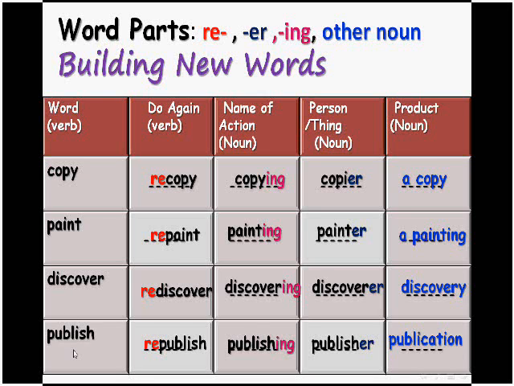So now I'm building new words. And this is another way for you to memorize your very long list of verbs or words: you just get the root of the word and try to build new words using the prefixes and the suffixes, giving the nouns, giving the verbs, so things will be easier for you.